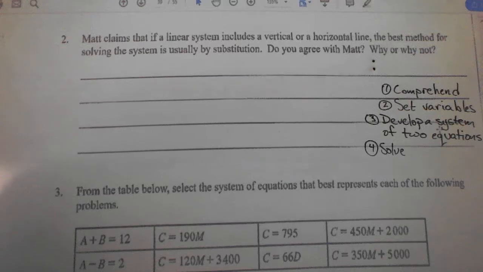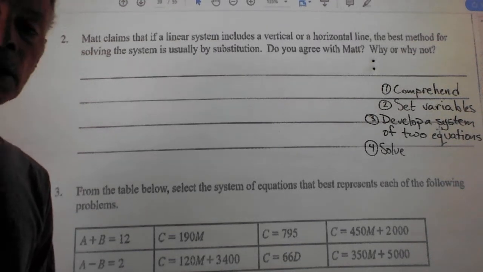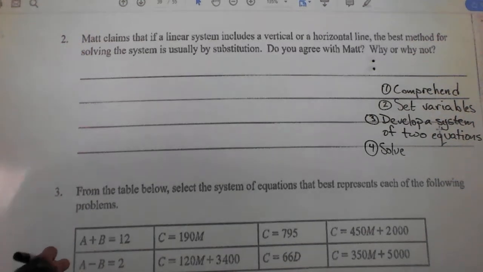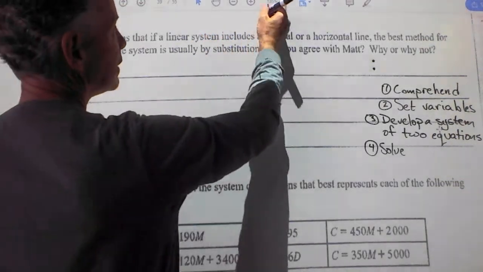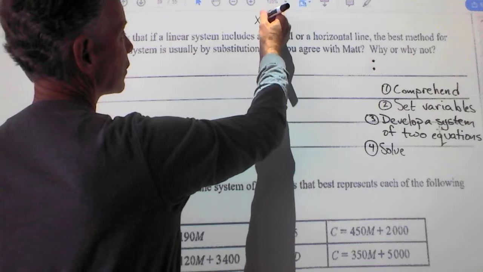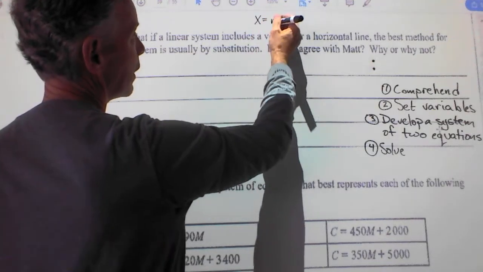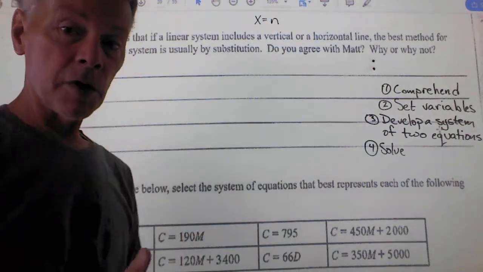It says, Matt claims that if a linear system includes a vertical or horizontal line, the best method for solving is usually by substitution. Do you agree with Matt? Why or why not? Remember, if you have a vertical line, it takes the form x equals n, where n is simply a number, right?